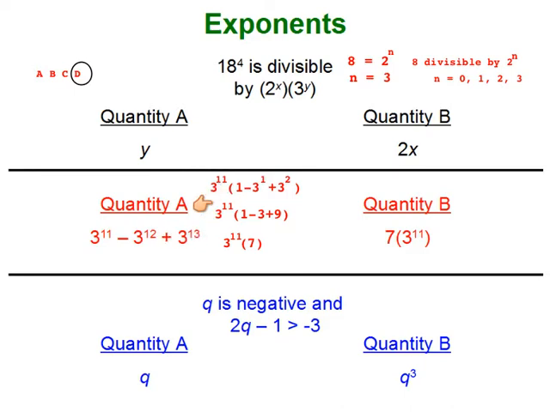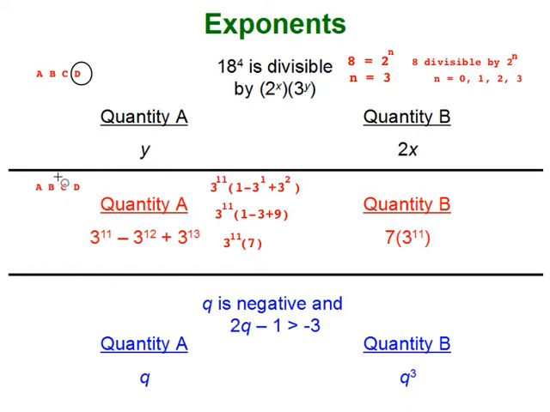Further reducing, that gives us 1 minus 3 plus 9, which gives us 3 to the 11th times 7, which in an interesting turn of events makes these two otherwise completely different looking numbers absolutely 100% equal. And our answer here would be C.